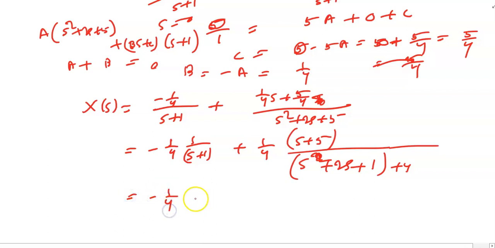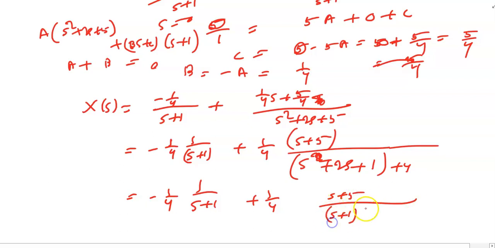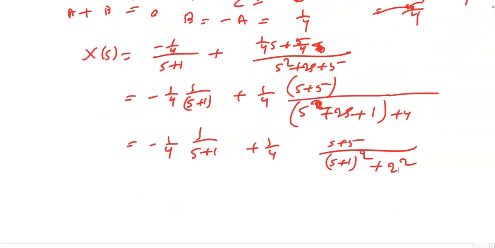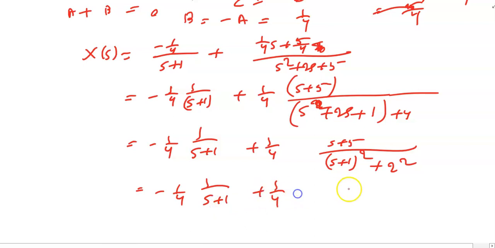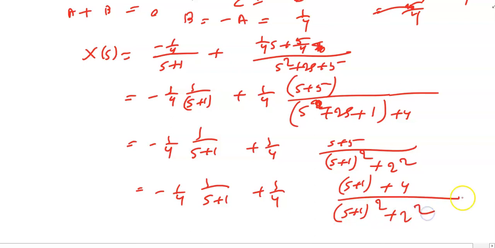Still it is not in the standard form of cos or sine. So minus 1 upon 4 upon s plus 1 plus 1 upon 4 times (s plus 1) plus 4 upon (s plus 1) square plus 2 square.